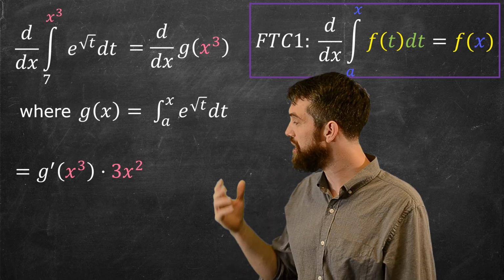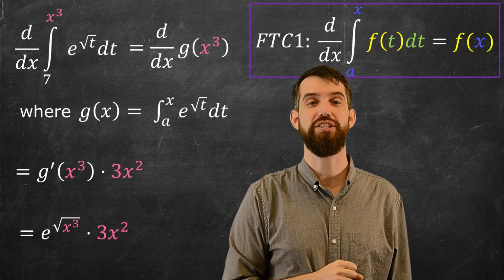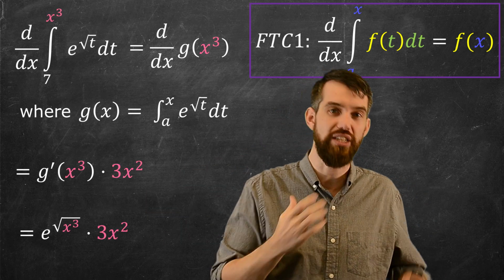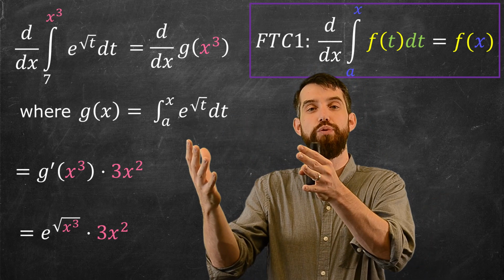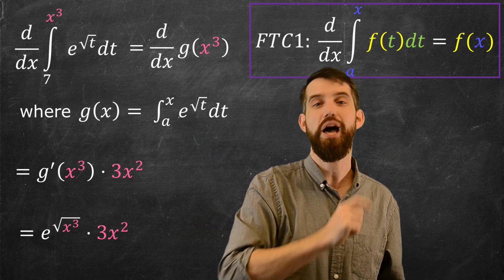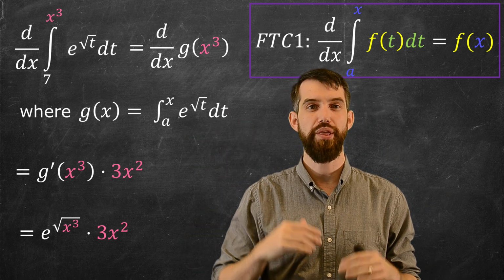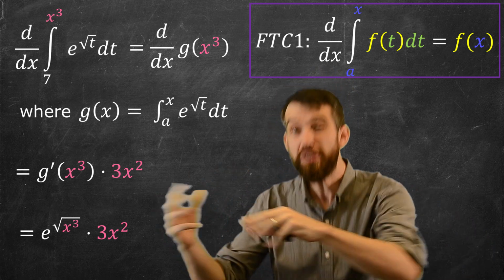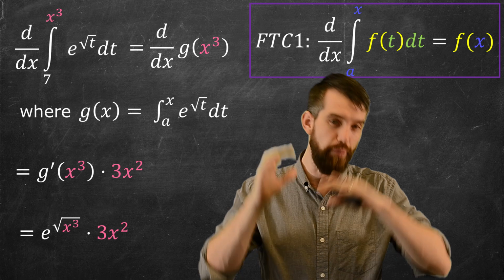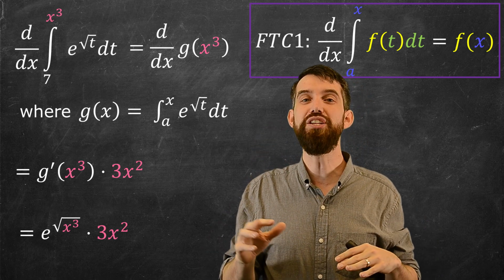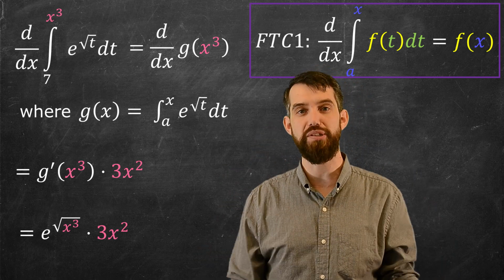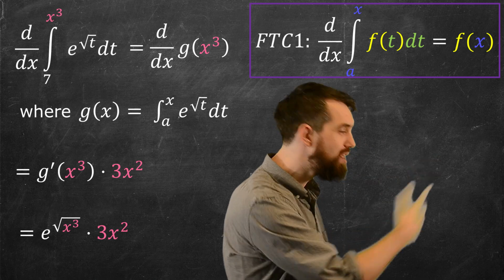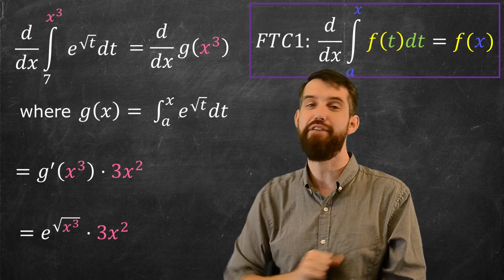So we go just to f of x cubed, or in this case e to the square root of x cubed, times 3x squared. So this was an example of how we could take something that sort of looked like the fundamental theorem of calculus applied to it, but not quite, and we managed to understand it as a composition and apply chain rule and apply the fundamental theorem of calculus and get that final value.